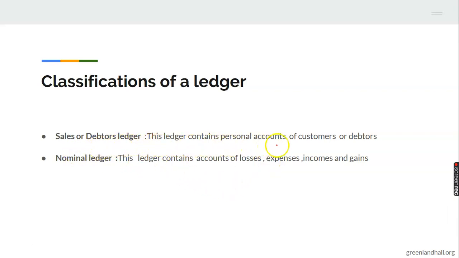This ledger contains personal accounts of customers, or those who are our debtors, those who are supposed to pay us some amount of money. Then we equally have nominal ledger. This ledger contains accounts of transactions like losses, expenses, incomes, and gains.